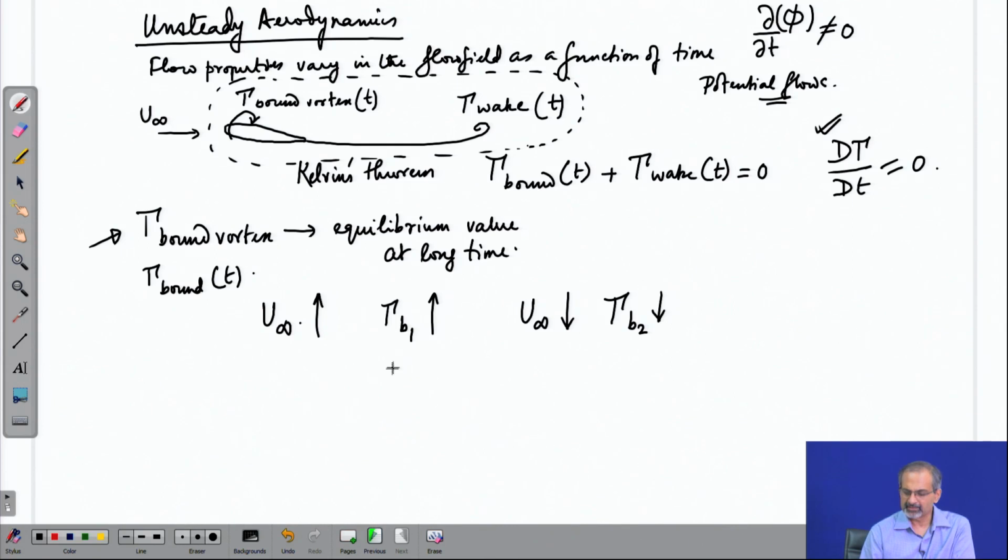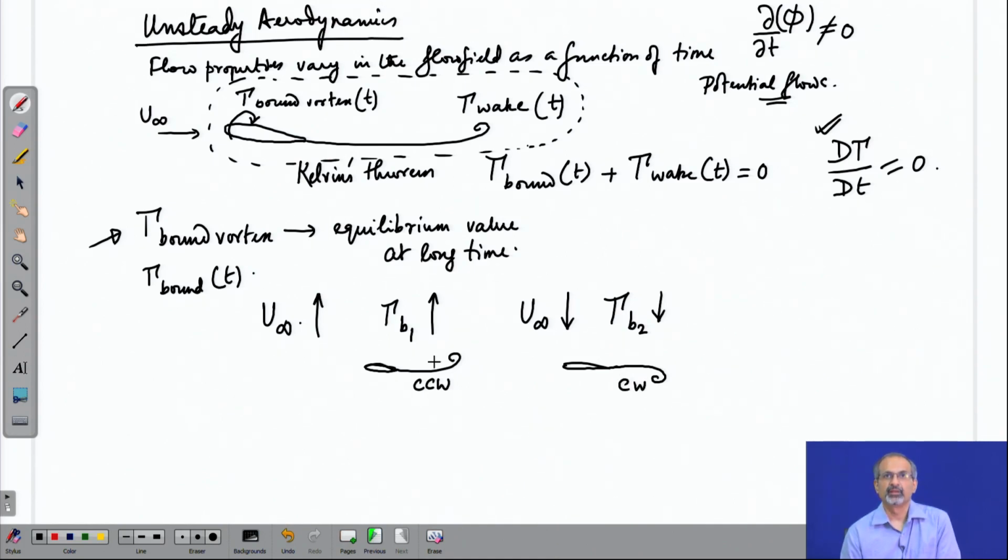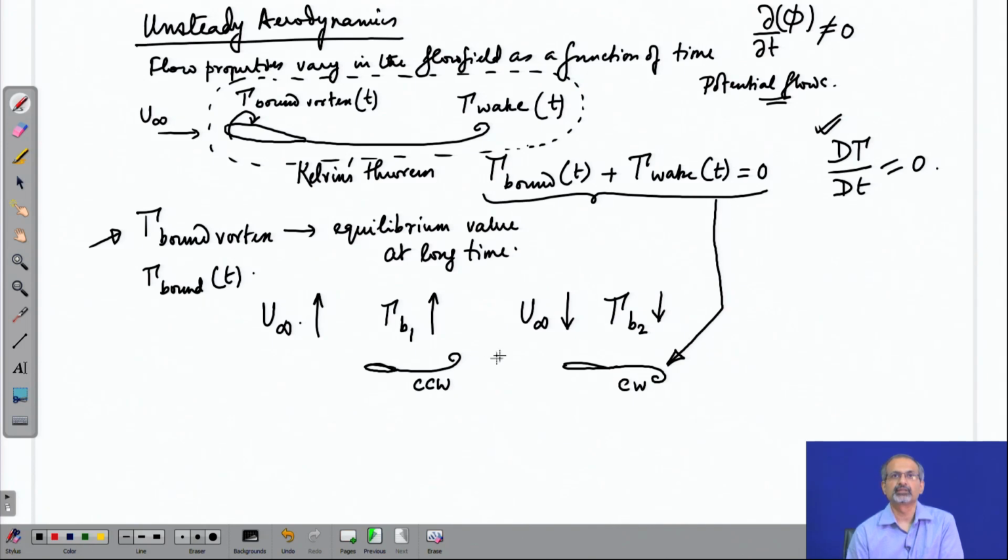So, in this case, if the value increases, we again see fresh counterclockwise wake vortices being shed. If the value on the other hand decreases, we see clockwise vorticity being shed. Based on that shedding, the Kelvin's circulation theorem will remain valid.